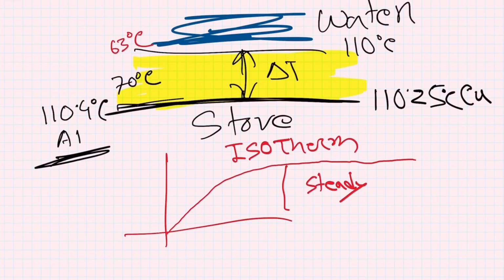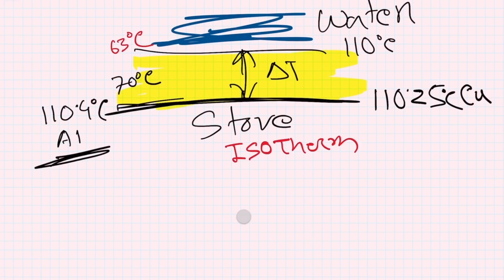This has nothing to do with this plot, so I'm going to erase it. Isothermal means same temperature: iso means same, and thermal relates to heat or temperature. So the whole bottom surface of the pan and the surface exposed to the water can be treated as an isothermal surface.